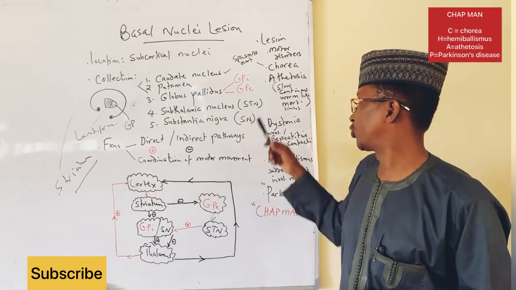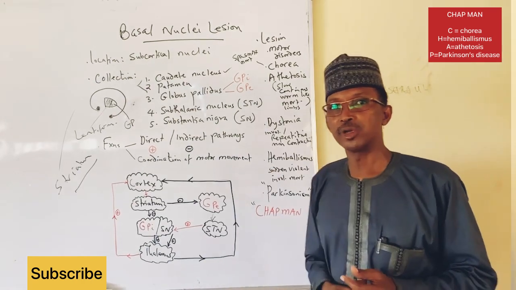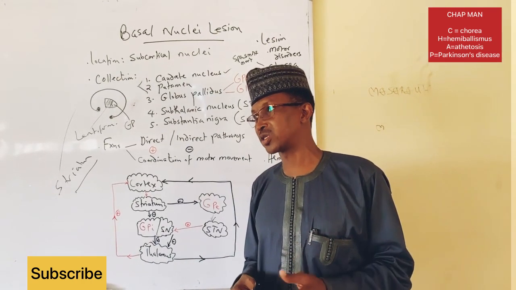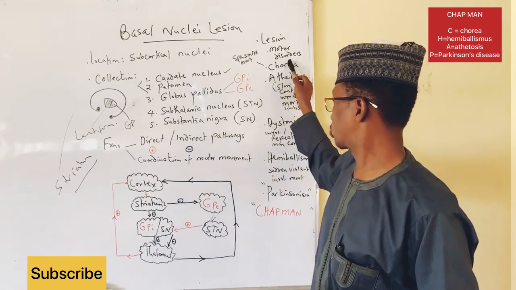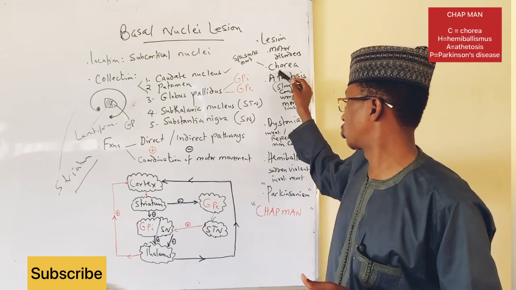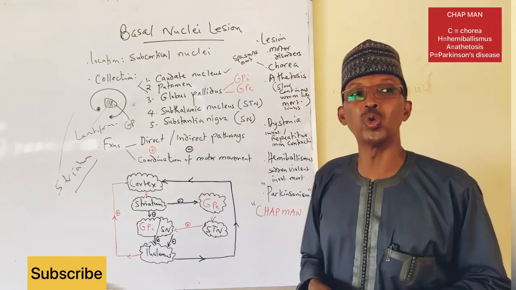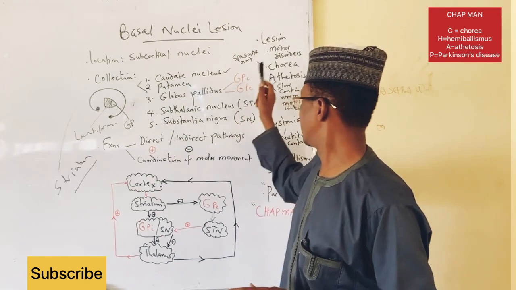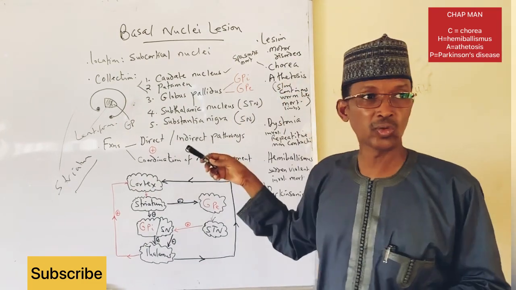So what are the features of the basal nuclei disorders? The first one is what we call motor disorders. Part of the motor disorders is what we call chorea. The spelling is C-H-O-R-E-A, chorea.